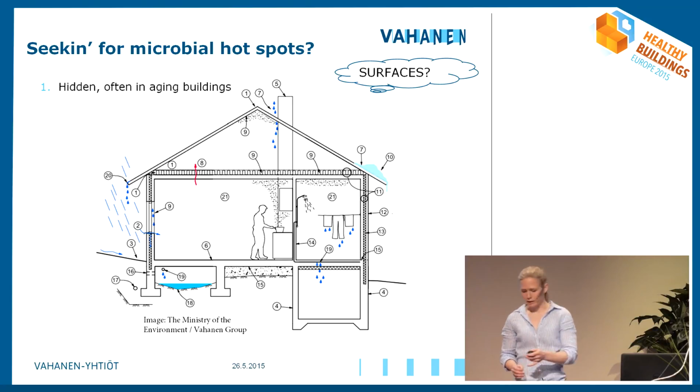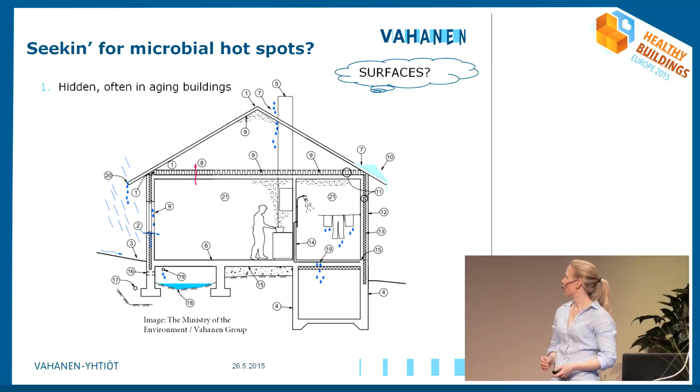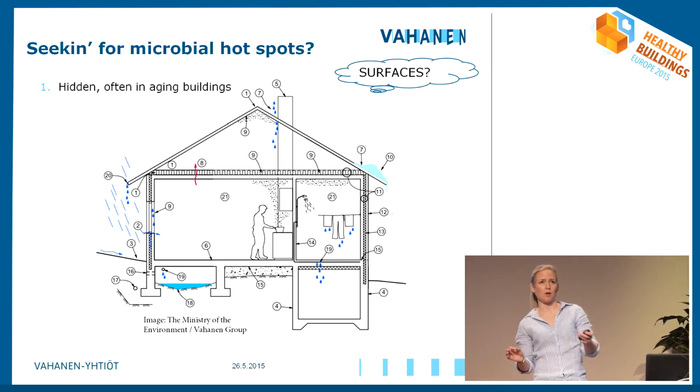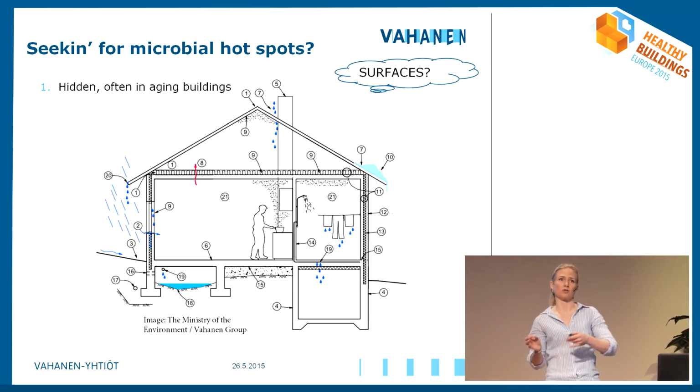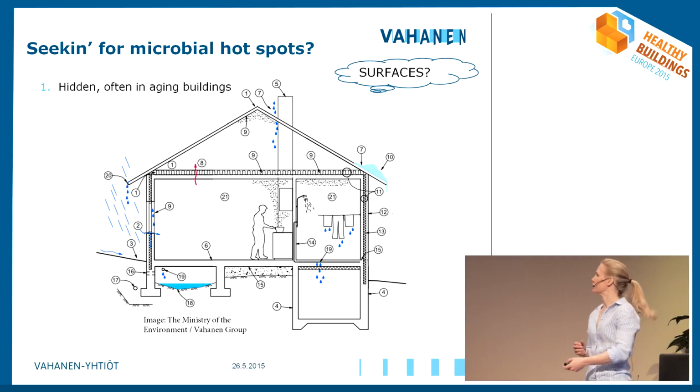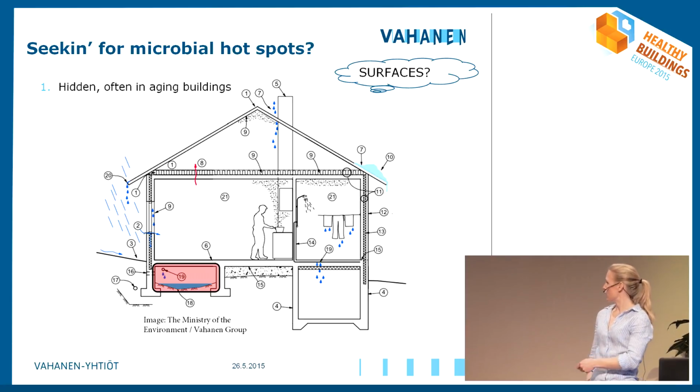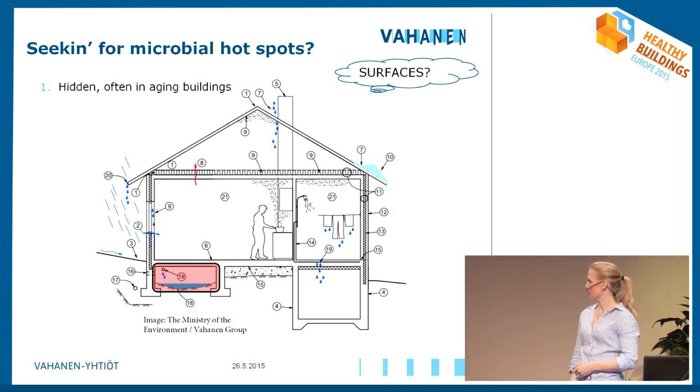So in old buildings we have almost always some microbial growth, even if it's not a really problematic or really bad condition. But there are sites that tend to get some water in and develop something additional. So the sites under the slab, under the ground floor, are obvious sites.